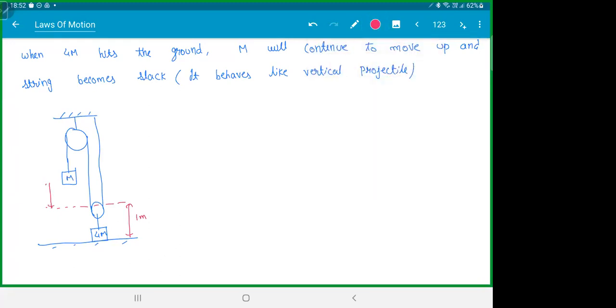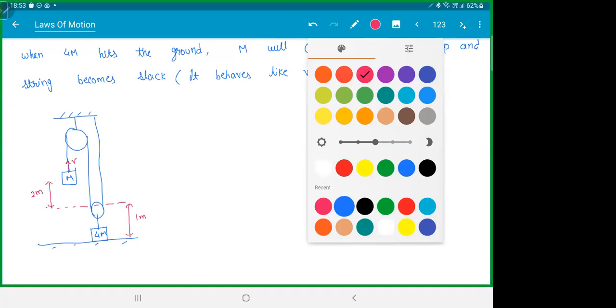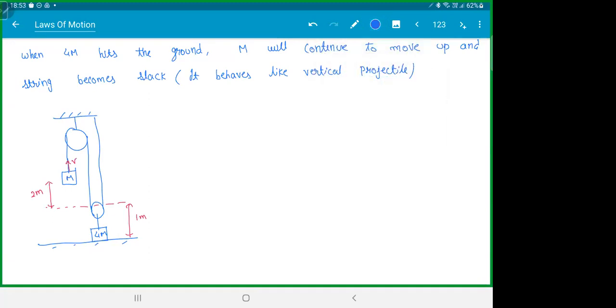So this is 2 meters. But the catch is at this point, the velocity v does not have zero velocity. It still has some velocity. And what is this acceleration here? We just now calculated g by 2. So the block started from here to here. Using kinematics, v squared minus u squared is 2as. u is 0, acceleration is g by 2, and s is 2 meters. We get v squared is equal to 20.